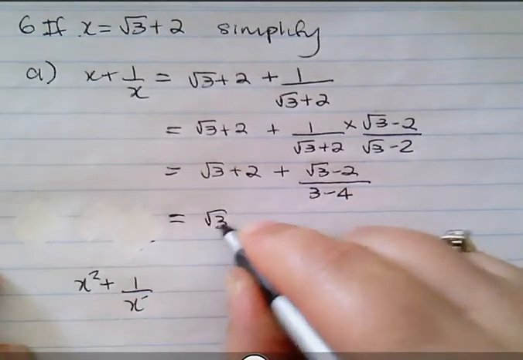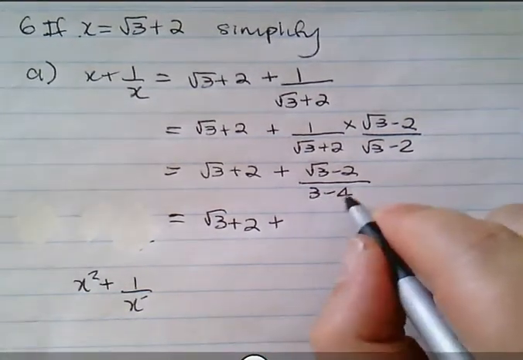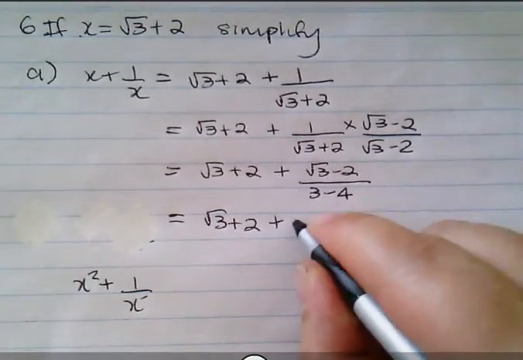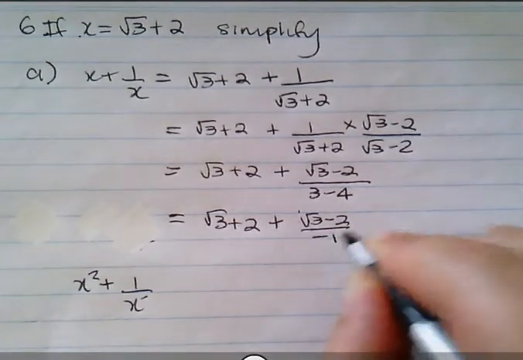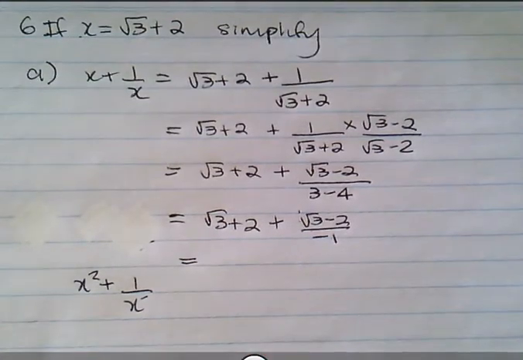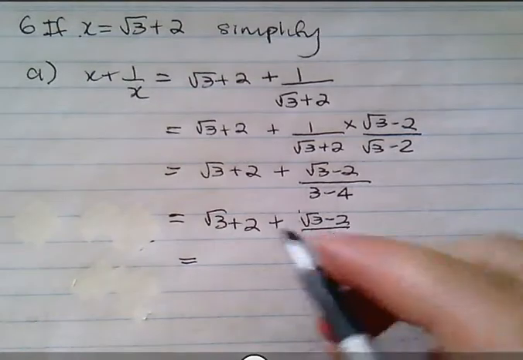Which is root 3 plus 2 plus, what's the denominator here? It's negative 1, isn't it? So you can write it as root 3 minus 2 over negative 1. So I'm just taking too much room. So what does this become?